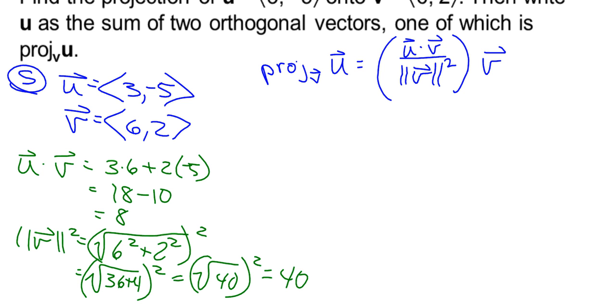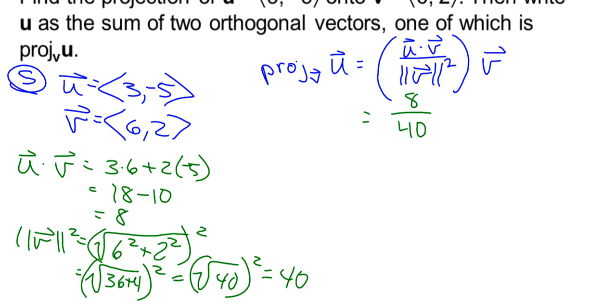And again, I am putting the square rooting and the squaring because I know earlier in the chapter we'll have to find just plain old the magnitude. So now I'm just going to plug things in. So u dot v is 8. The magnitude of v squared is 40.